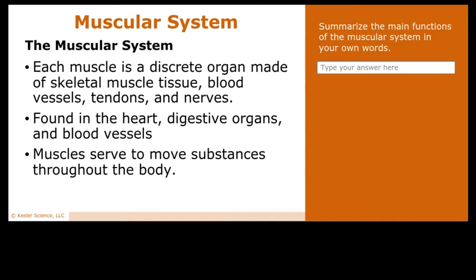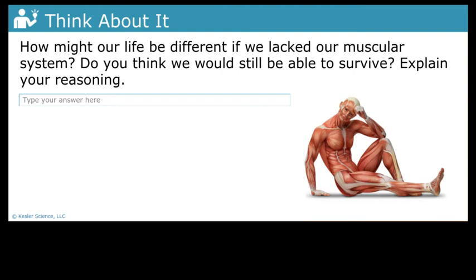You'll find smooth muscle in the digestive organs, like your stomach, small intestine, and large intestine, and also in your blood vessels. That's how your blood vessels can contract, squeeze, and relax at different times, depending on what your brain's telling them to do. Muscles serve to move substances throughout the body and to move the body.